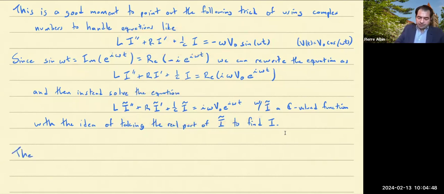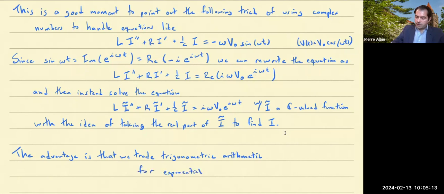The advantage is that we trade trigonometric arithmetic for exponential arithmetic. Which is much simpler.